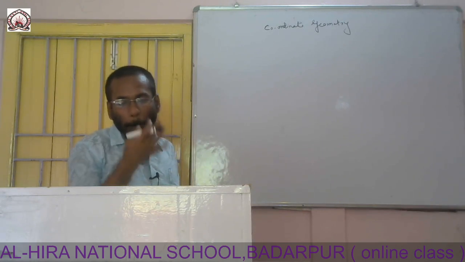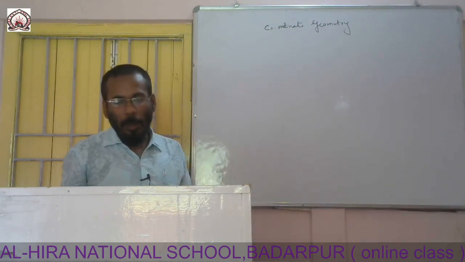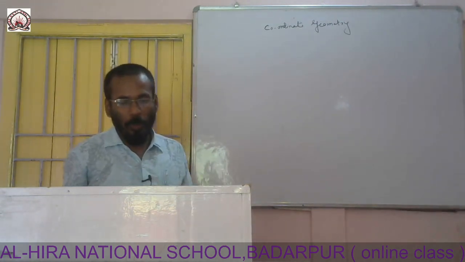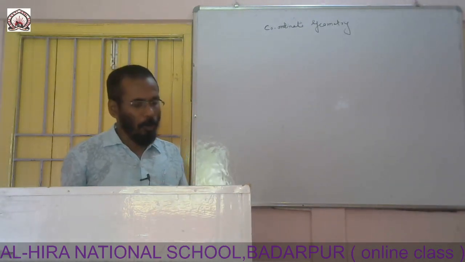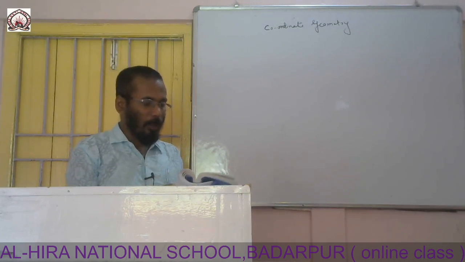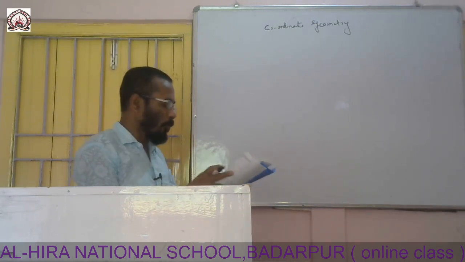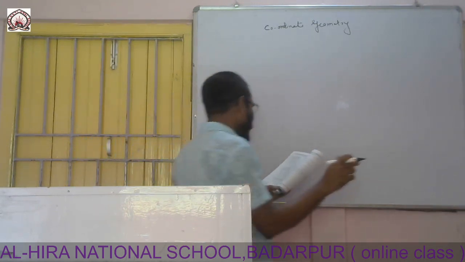Now can you find the distance between the 2 points A and B? This is discussed in section 7.2 in your book. Section 7.2, the section formula, is the distance between the points.